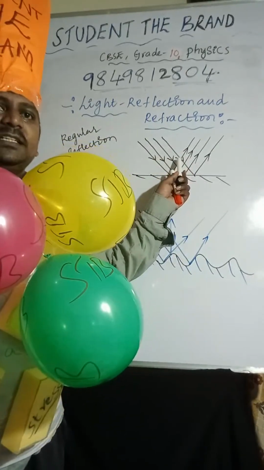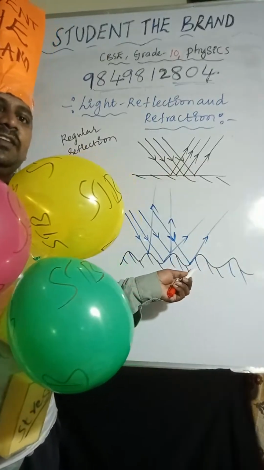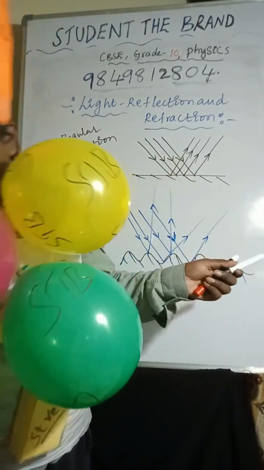Regular reflection takes place on a smooth surface. Irregular reflection takes place on a rough surface.